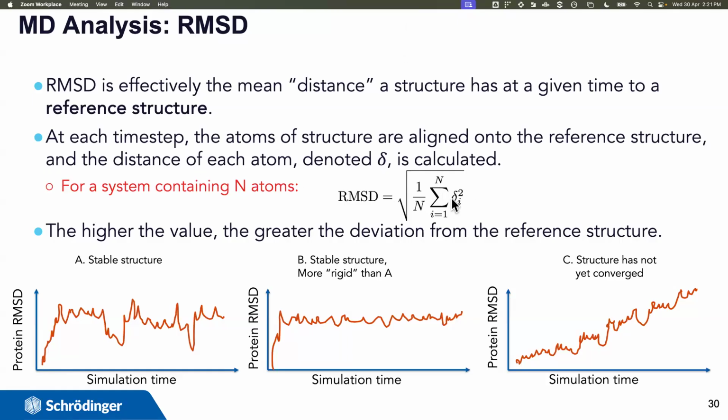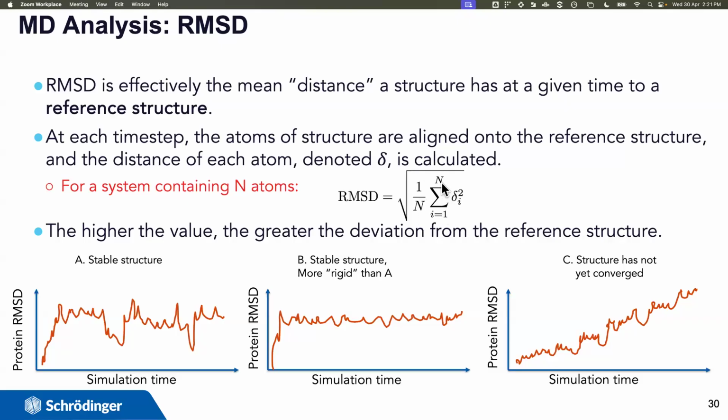So that is my delta: from the initial frame, the first frame, to all the subsequent frames. All the frames it will calculate, and that is nothing but my delta, the distance between the pair of atoms on the different time frames.